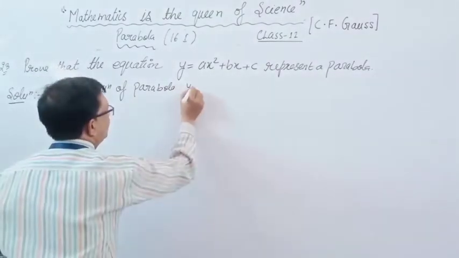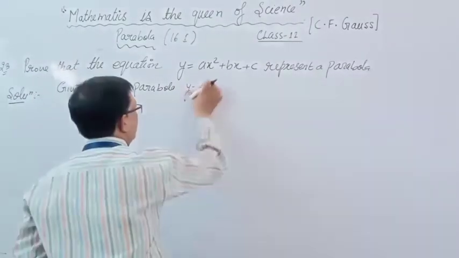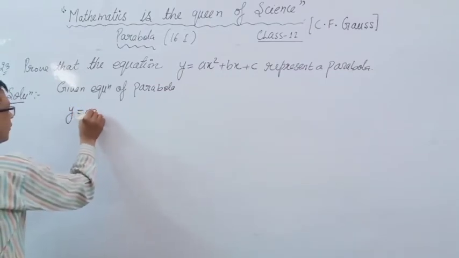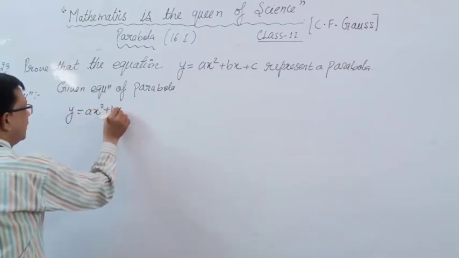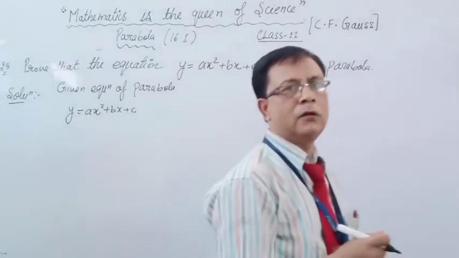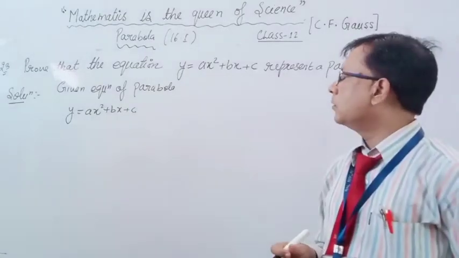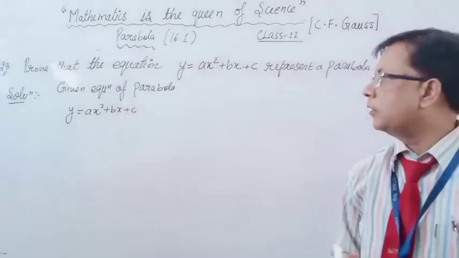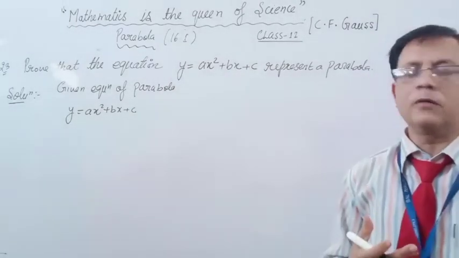y is equal to ax square plus bx plus c. This is the given equation of the parabola. In many previous questions we also converted the equation into parabolic form.